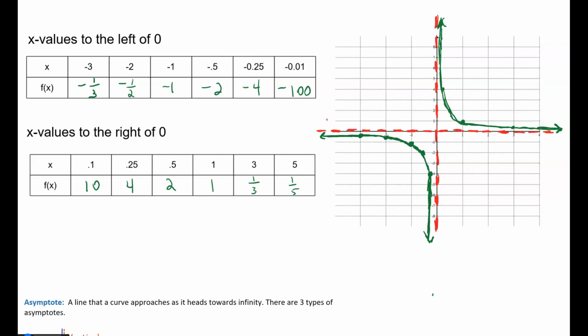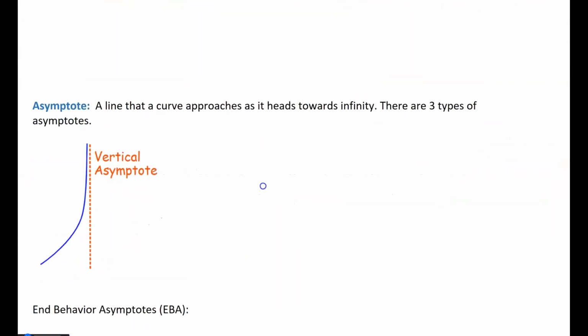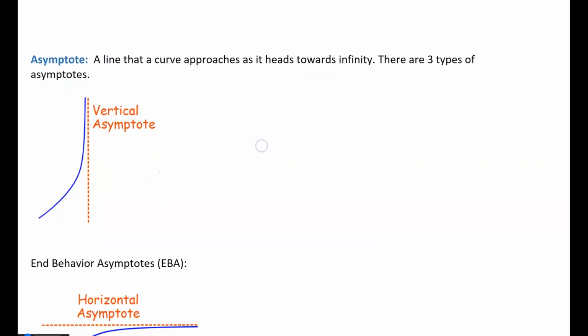All right, so more about asymptotes. These are basically just lines that the curve of our graph will approach as the graph heads towards infinity. Okay, so we've got 3 types. The first one, the vertical. And so if you remember the vertical, this has to do with what is not in the domain.